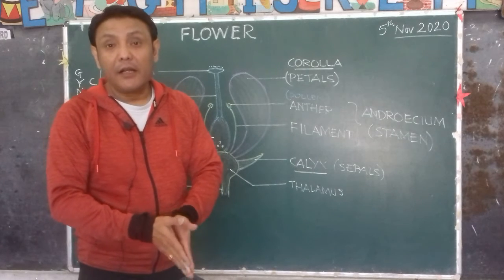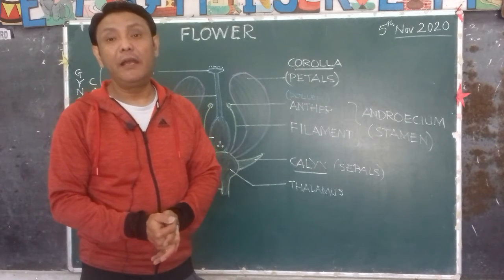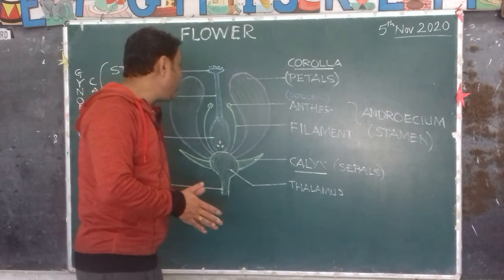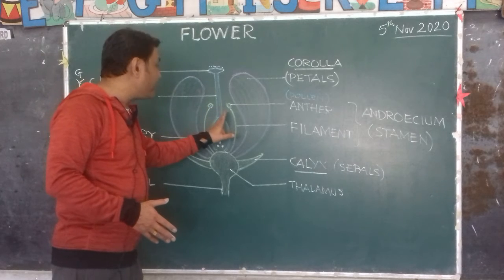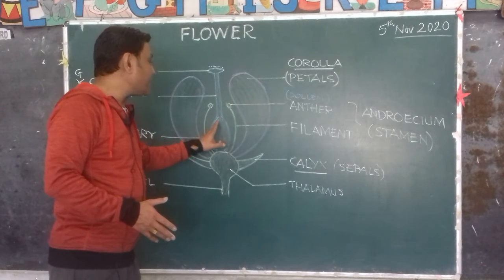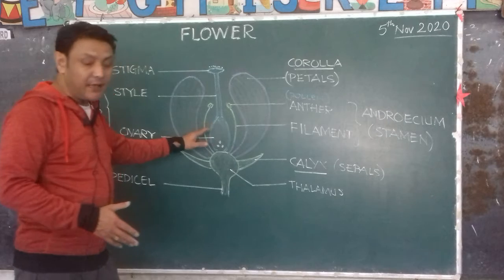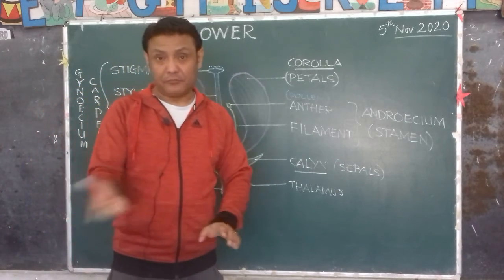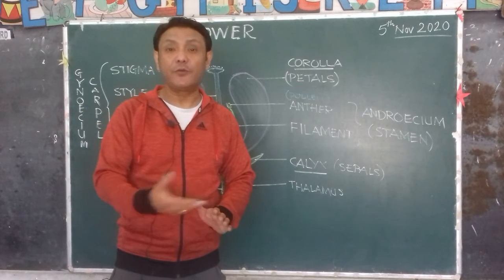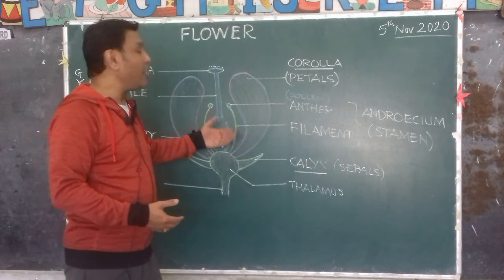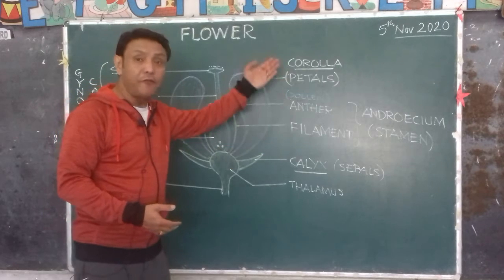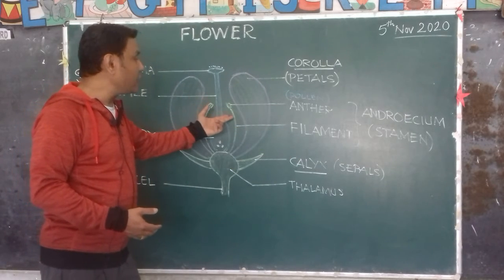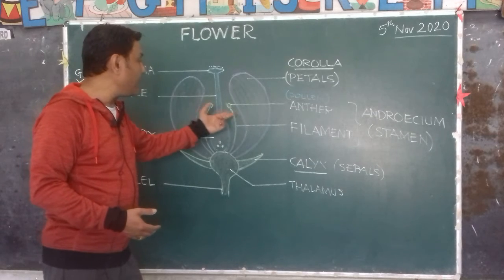Now, a complete flower can be bisexual. Bisexual means a flower which contains both the androecium as well as the gynoecium, the stamen as well as the carpel. A complete flower is a flower which contains all the four floral whorls, and a bisexual flower contains both the male part and the female part, the stamen and the carpel.